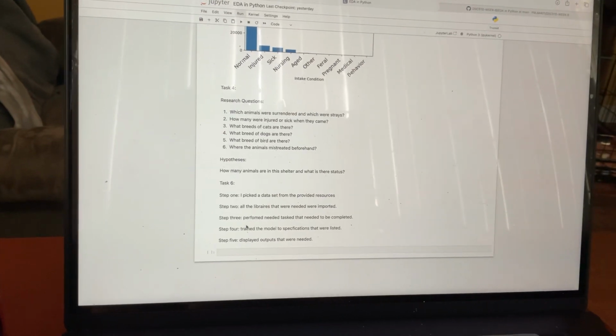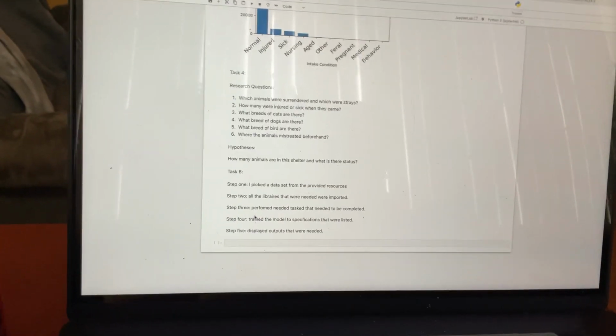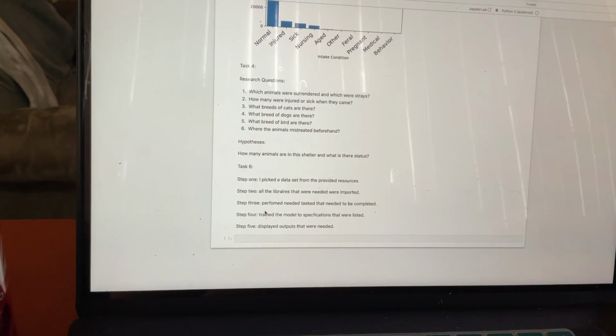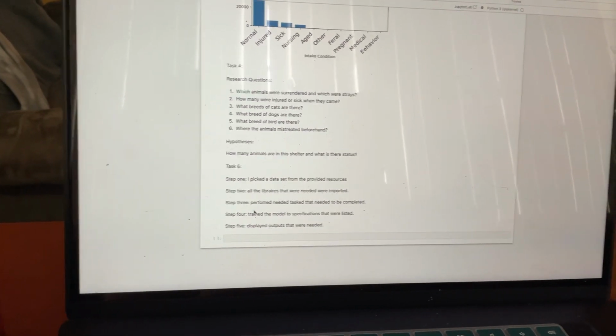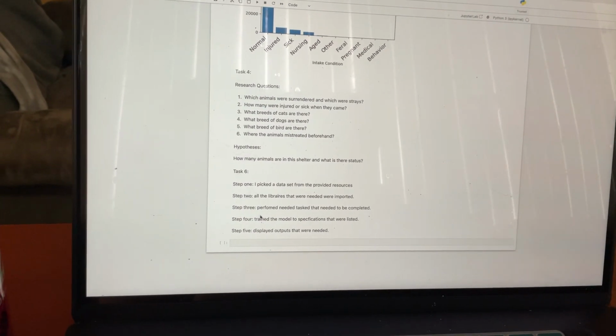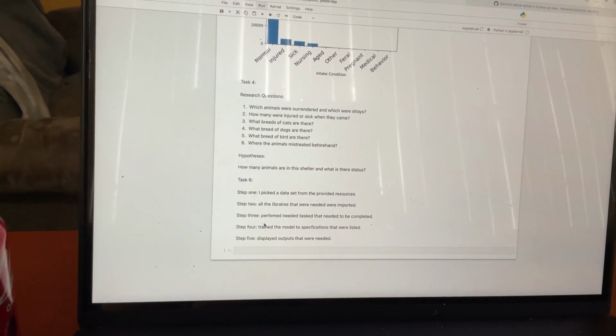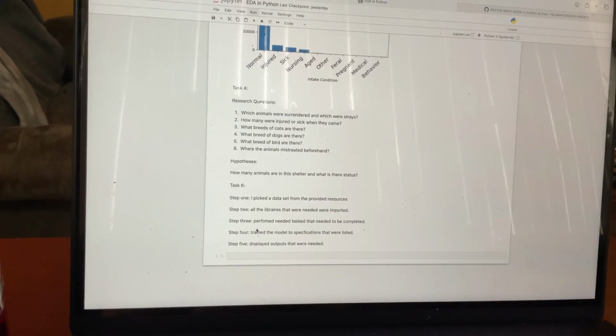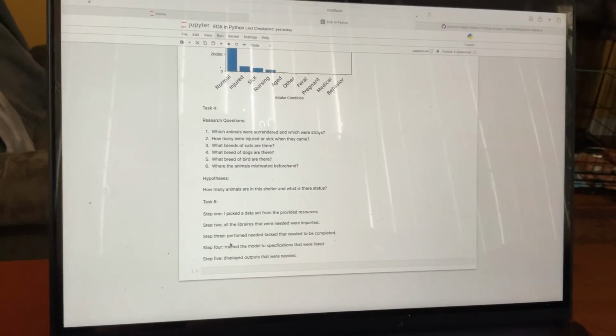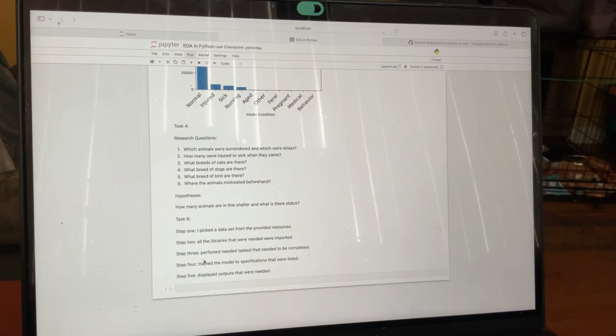Step 3, perform needed tasks that need to appear. That's task 4. That's task 3 and task 5. Train models specified, that's also task 3 and 5. And then the last one, display outputs, that relates to the task that was created. So yeah, that is this for this week.